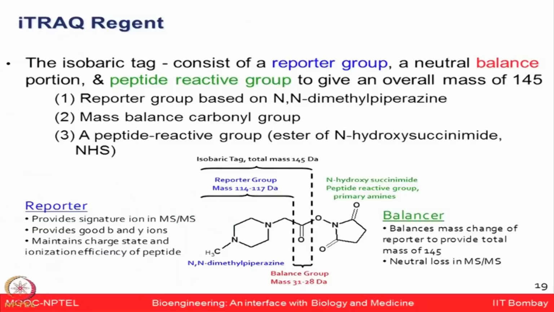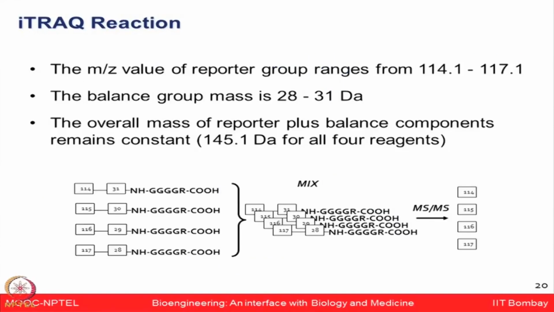So, if you look at one of the iTRAQ 4-plex reactions, we have shown you here the labeling strategy in which, let us say, conditions A, B, C and D are compared. The iTRAQ reagent has reporter ions of 114, 115, 116 and 117, and to balance them there is a balancer region which is 31, 30, 29 and 28.